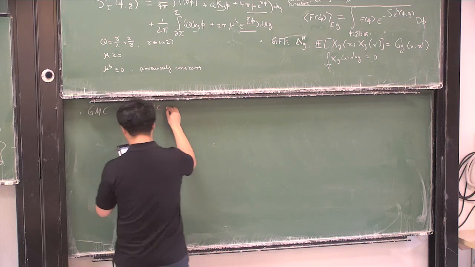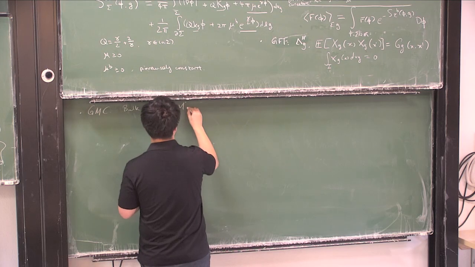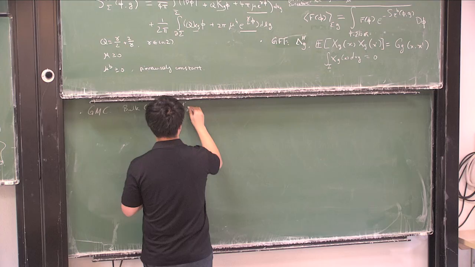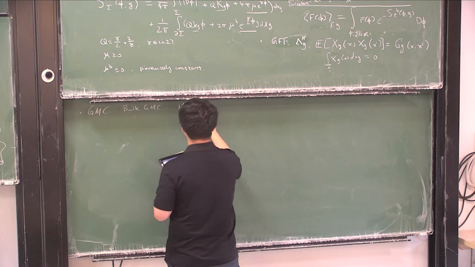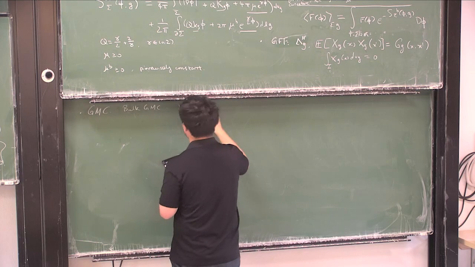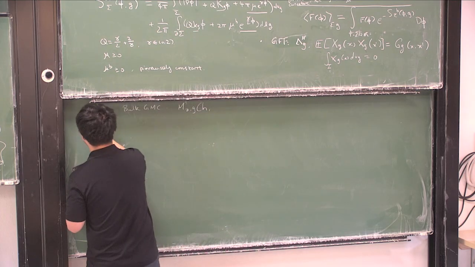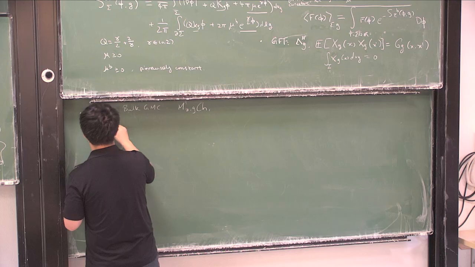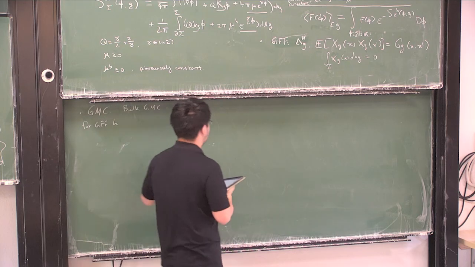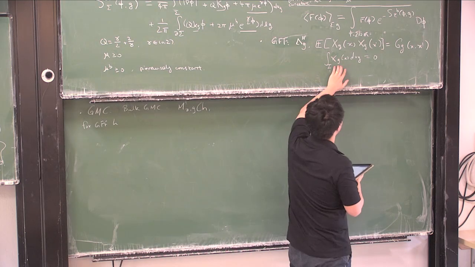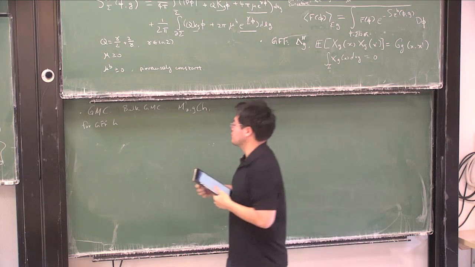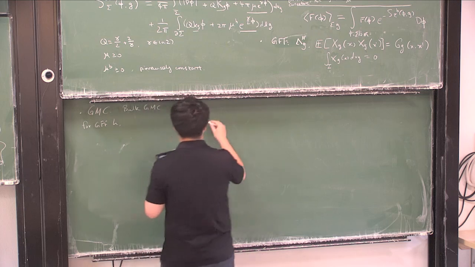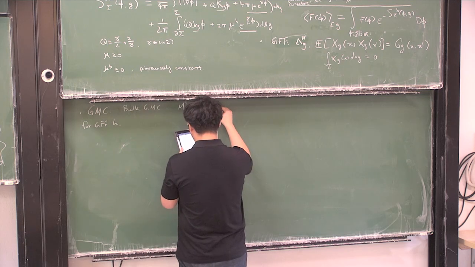It is introduced as follows, with this notation. For the GFF, here I use H because later I will use some variant of this actually. For example, it can pass some deterministic function for the GFF with H. I will use this later.